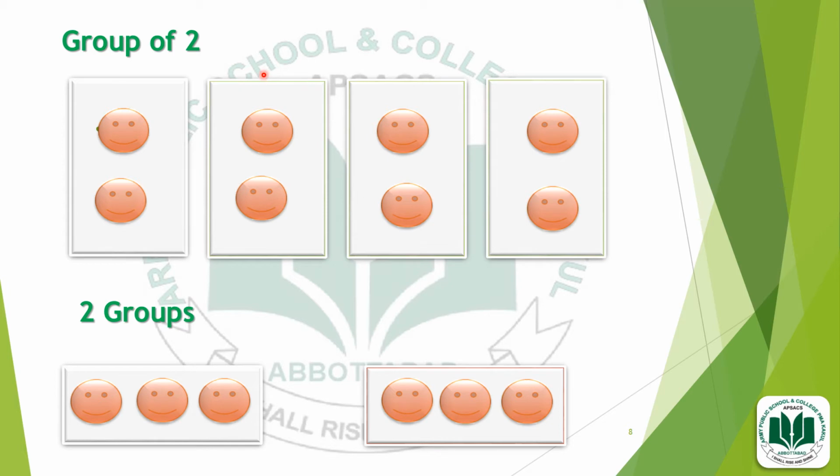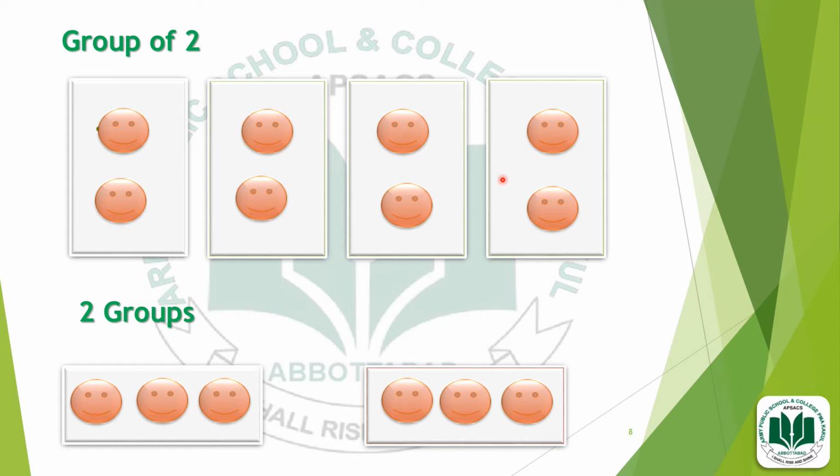Students, there are 2 points about which you have to be careful. Sometimes students get confused on these points. They are group of 2 and 2 groups. If the question is circle the groups of 2, group of 2 means 2 things in each group. The number of groups may be more than 2.